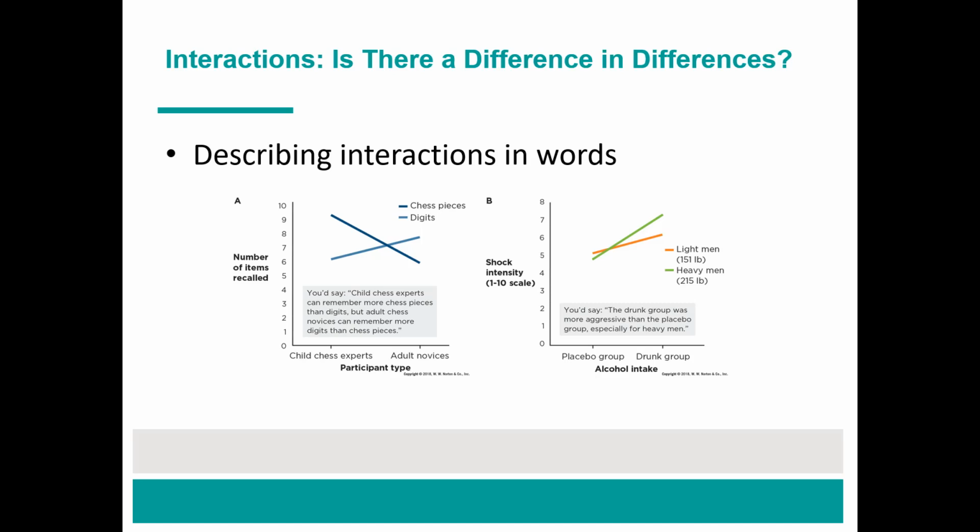Here, you might say something like, child chess experts can remember more chess pieces than digits, but adult chess novices can remember more digits than chess pieces. Another approach is to use such phrases as "equally for" and "depends on," as depicted on the right, which states the drunk group was more aggressive than the placebo group, especially for heavy men.